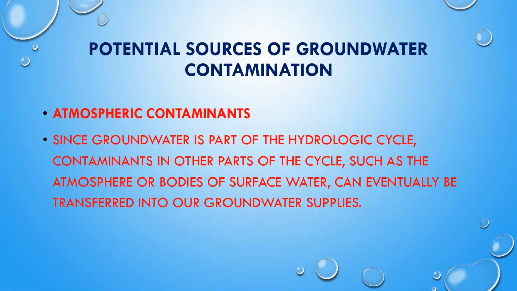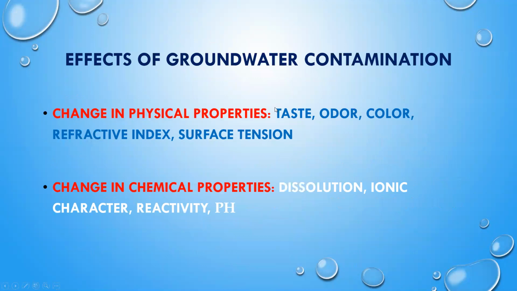Just now we have seen how different atmospheric contaminants are responsible for contaminating the groundwater further. So what exactly does it result in? It results in a change in the properties of water.